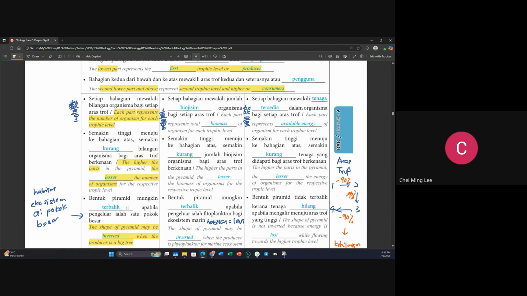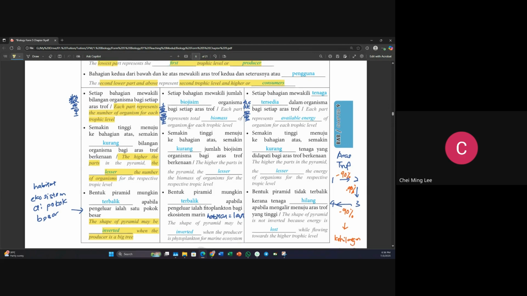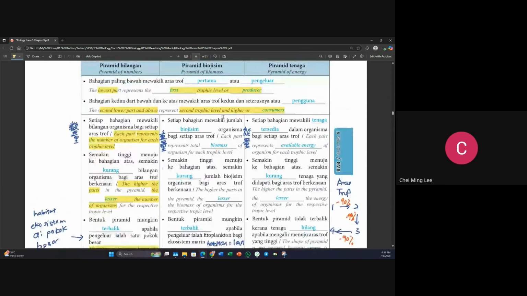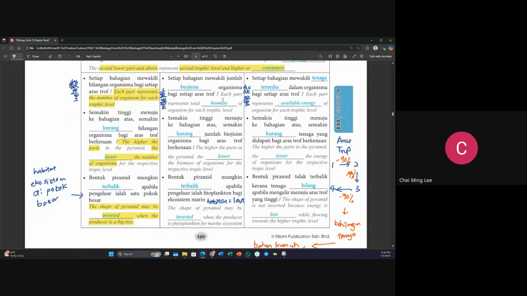Now, for the pyramid of biomass, each part represents the total biomass of organisms for each level. So the higher the part, the lesser the biomass.